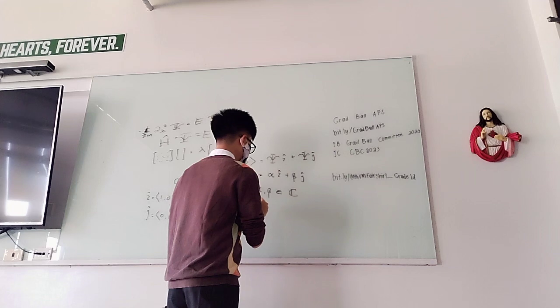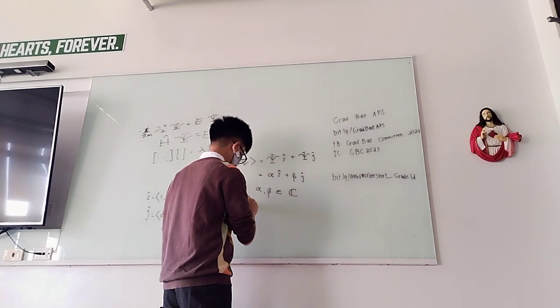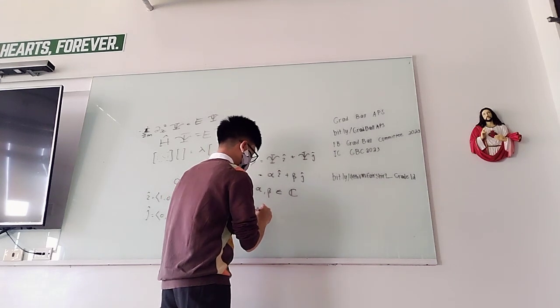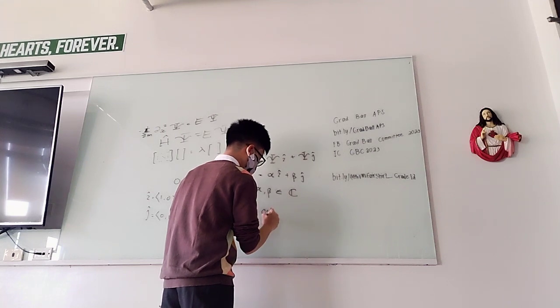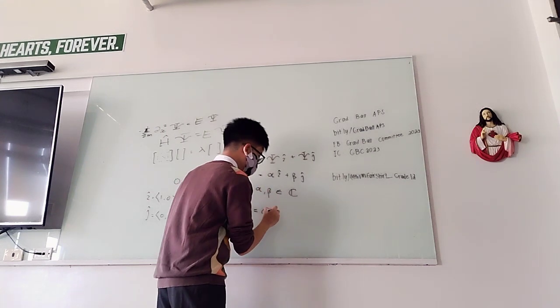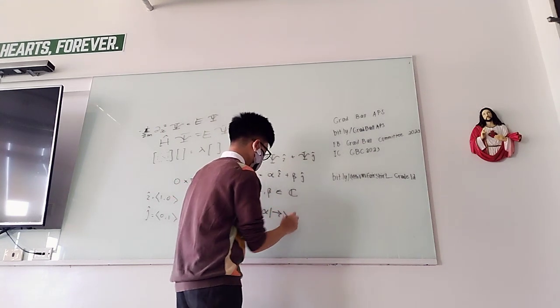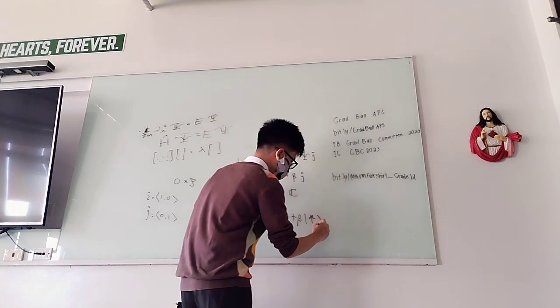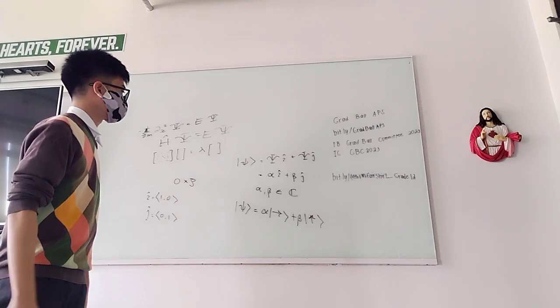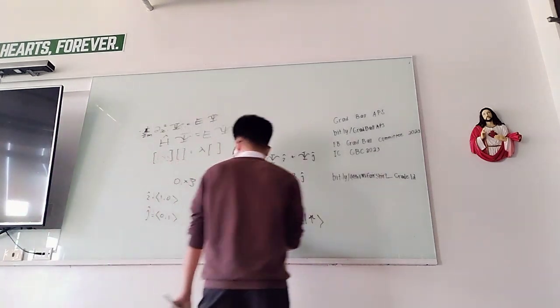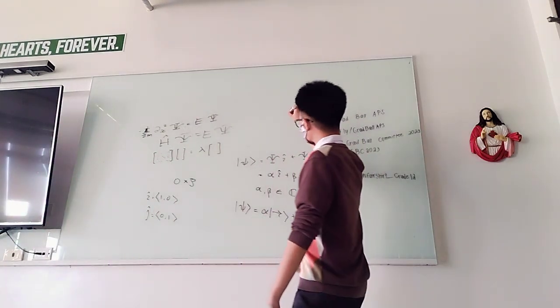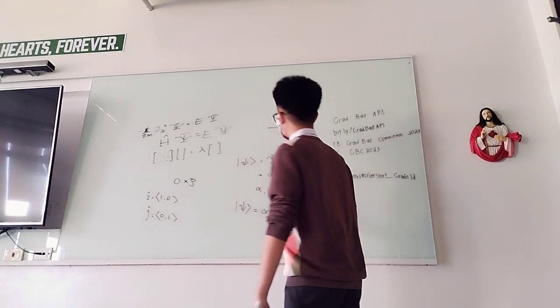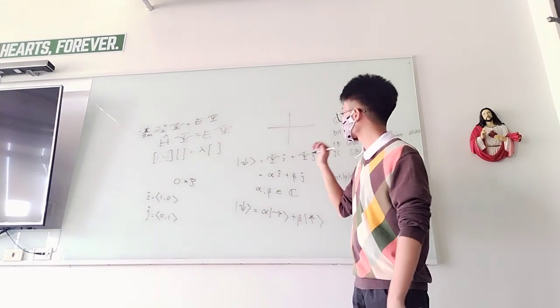Now, let's say that this psi is equal to, of course, alpha times the spin side state plus beta times the spin up state. So now we're talking about states, and of course, if we plot these things here, we get ourselves a state of a certain person, right?